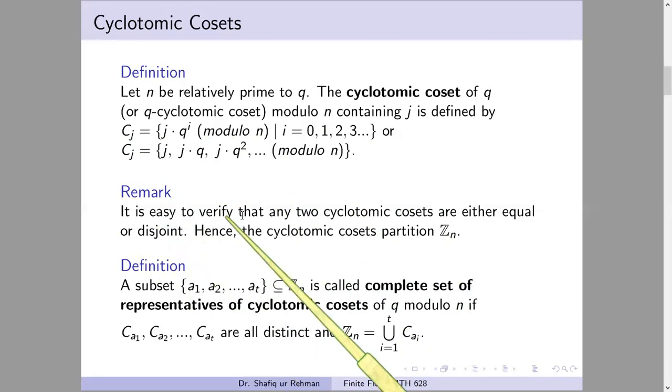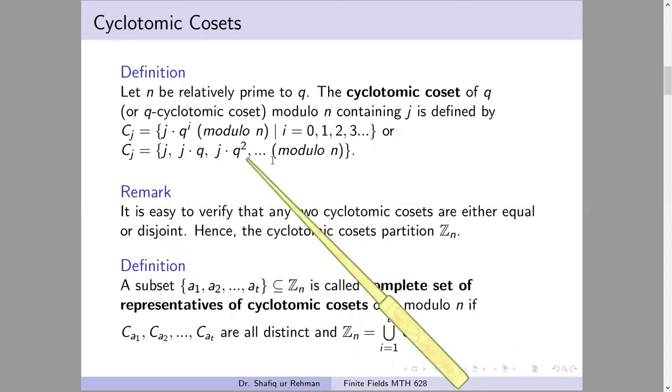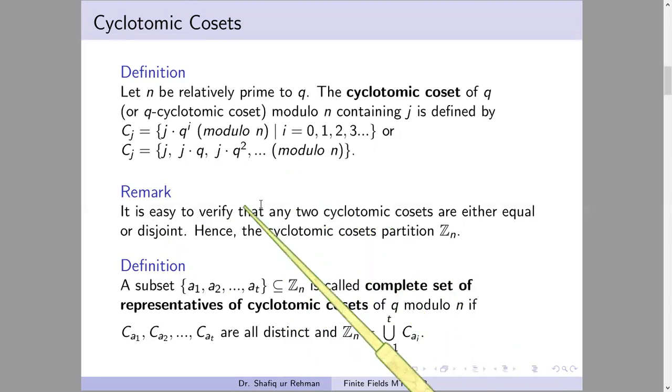It is easy to verify that any two cyclotomic cosets defined above are either equal or disjoint. So we can conclude that these sets make a partition of the set Zn.